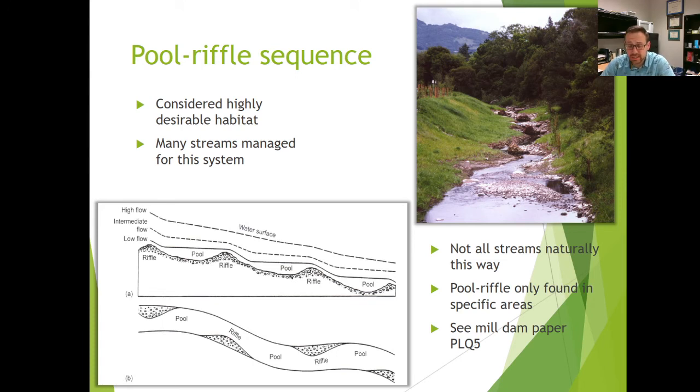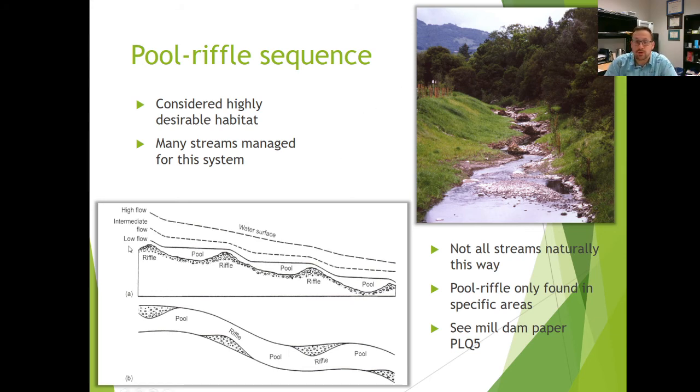So one thing we see is that when river managers think about how the fluvial geomorphology of the river looks, and the river habitat, what they're oftentimes trying to do is look for this pool riffle sequence.